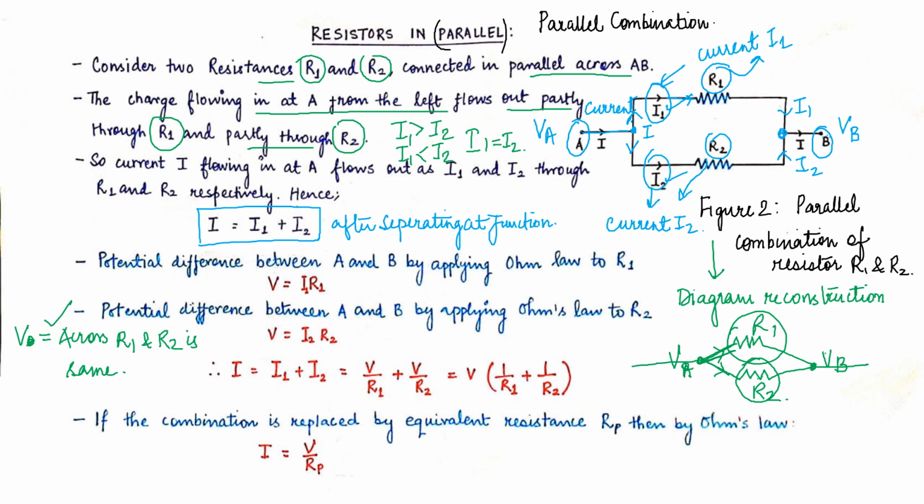Coming up to the third point, current I flowing in at A flows out as I1 and I2 through R1 and R2 respectively.